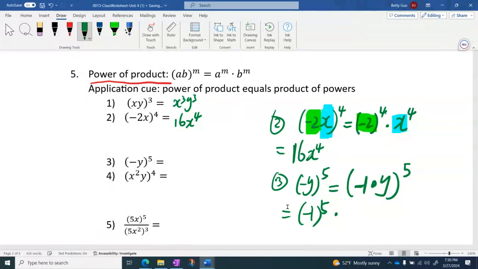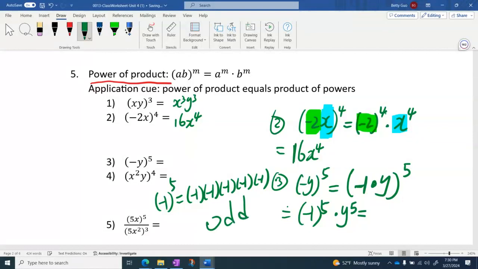So we apply the fifth power on -1, and apply the fifth power on y. -1 to the power of 5 is -1 times -1 times -1 times -1 times -1. Since the 5 is odd, this is a positive, positive, and one more left, so it's a negative. -y to the power of 5.